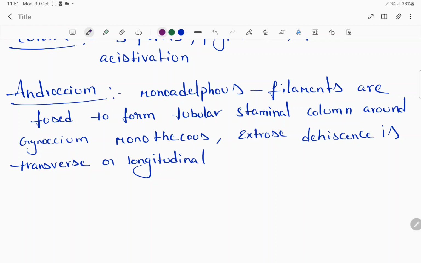And finally gynoecium. We have a straight style passing through the staminal tube to the stigma.